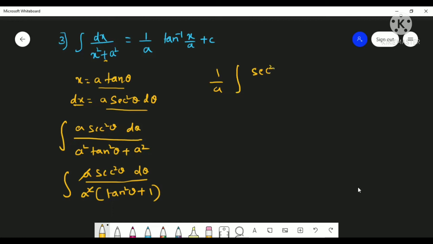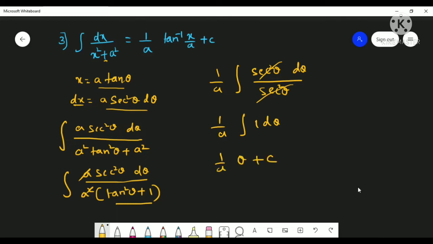Secant square theta d theta by tan square theta plus 1. Do you know that 1 plus tan square theta is secant square theta? Secant square theta gets cancelled, so we are left with 1. 1 by a integration of 1 d theta. 1 by a integration of d theta is theta plus c.